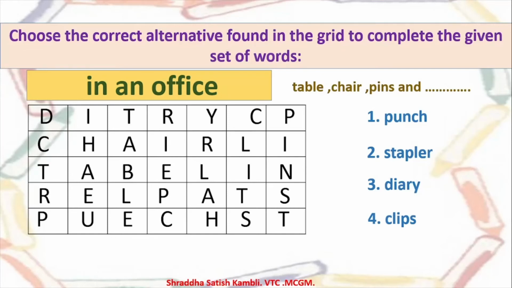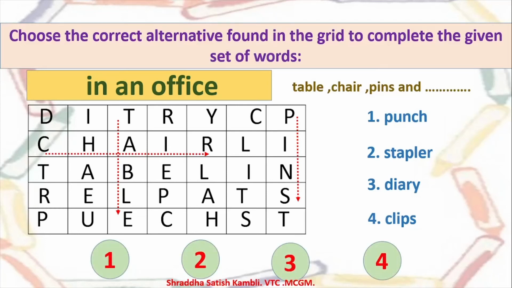So where is a table? Let's see where table is. Here it is, vertically from top to down. Where is chair? Here it is. Okay, and you have pins here, chair here, and then will you be able to find punch? Will you be able to find stapler? Will you be able to find diary or clips in this particular grid?